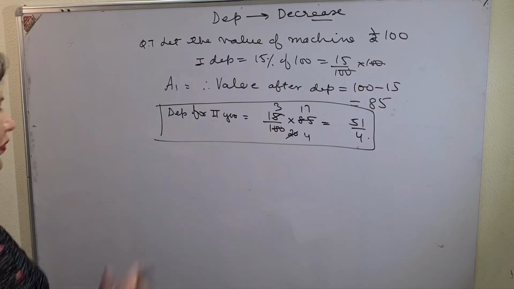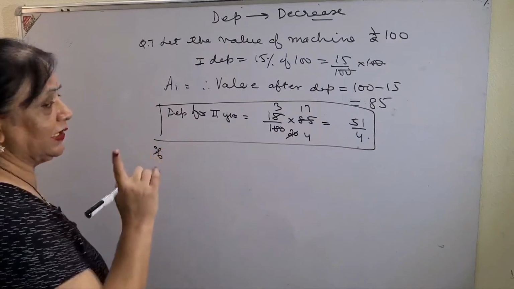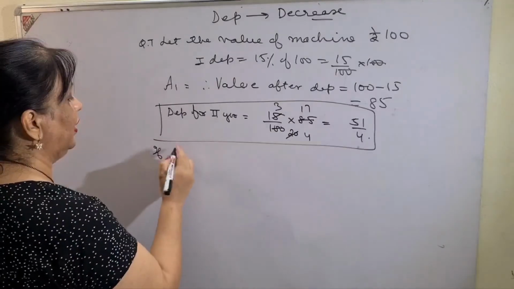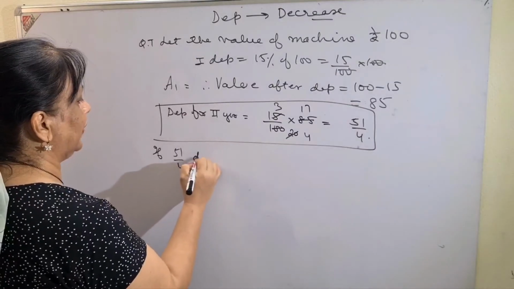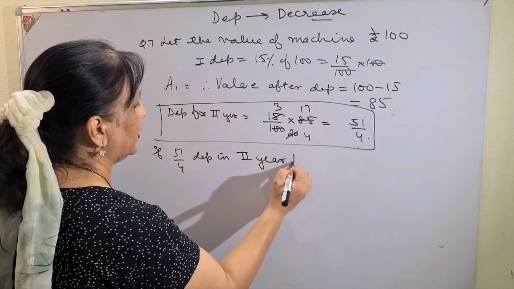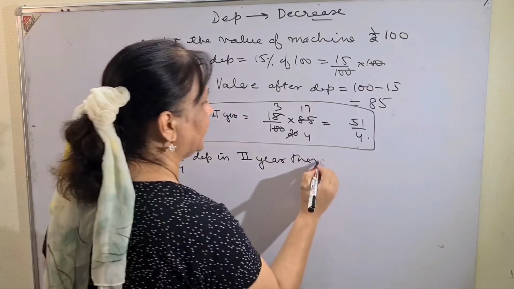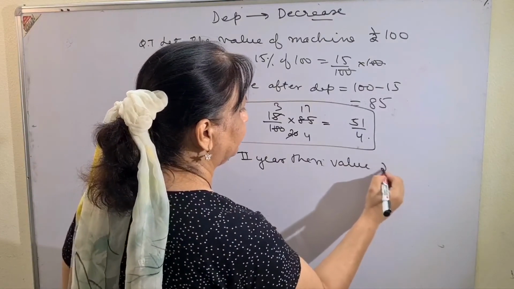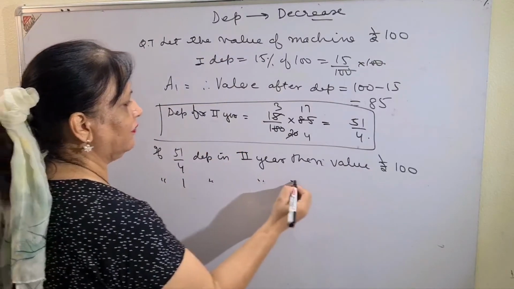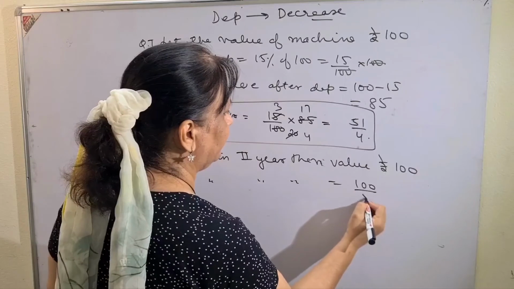He has not said 2 years, he has said second year only. I am taking second year only. If 51 by 4 is the depreciation in the second year, then value is rupees 100. If it is 1, then value is 100 upon 51 by 4.